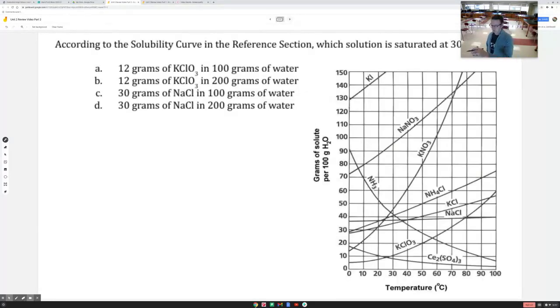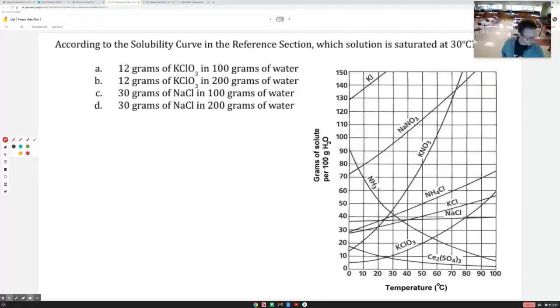Okay, looking at the solubility chart here, which of these is saturated at 30 degrees Celsius? So 30 degrees Celsius is this line here going up, and we're looking for something on that line. So 12 grams of KClO3.